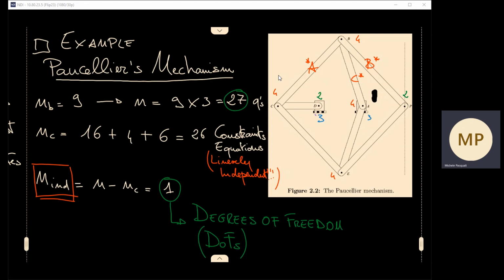When instead the number of degrees of freedom is negative, meaning that you have more constraints than actual possible parameters that you need to describe the motion, the configuration of the system, you have a hyperstatic structure. And this is also something typically that characterizes structures designed by civil engineers. Okay? So let's write it.